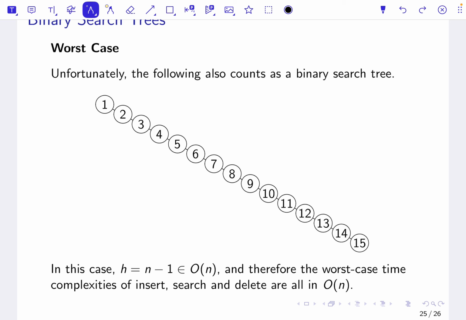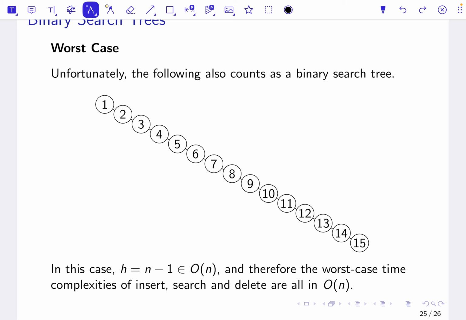The height h is not always logarithmically related to the number of nodes. Sometimes, if you really screw up, h will be equal to n minus 1, which is O of n. We get that because there's an edge connecting every pair of consecutive vertices, and there just isn't an edge corresponding to the last one, n minus 1.